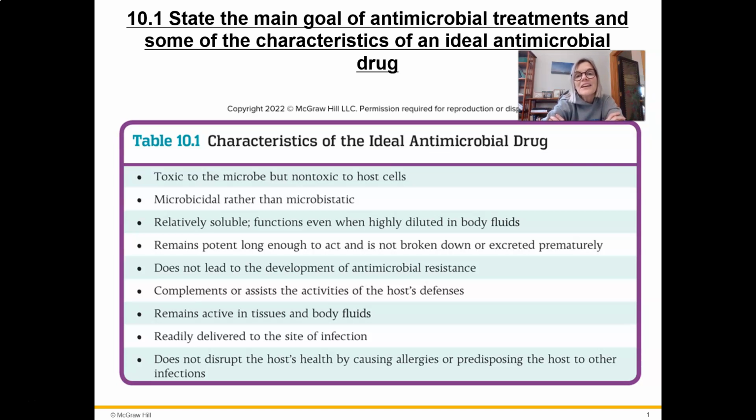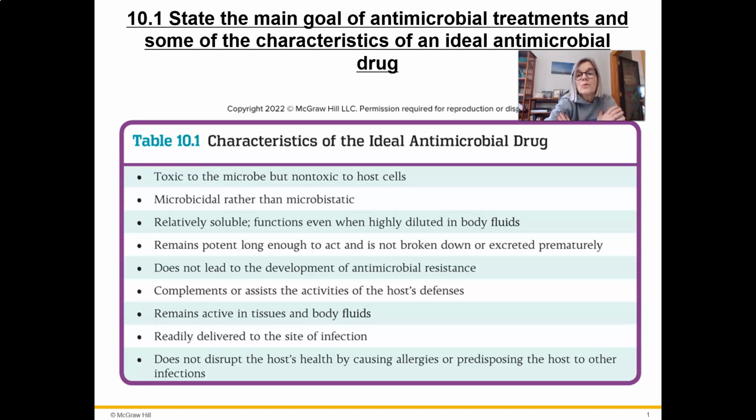But there's plenty of things that do that, and many of them are very deadly. So the very first and probably the most important thing about choosing an antimicrobial drug is it needs to be toxic to the microbe, but not toxic to the host cells. And we talked a little bit about this earlier in the semester, where we were saying things like bacterial cell walls are great targets for antimicrobial drugs, because bacteria have peptidoglycan, they have cell walls, but we don't.